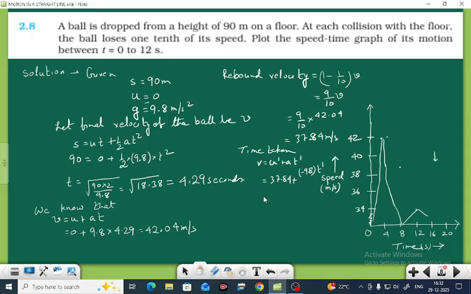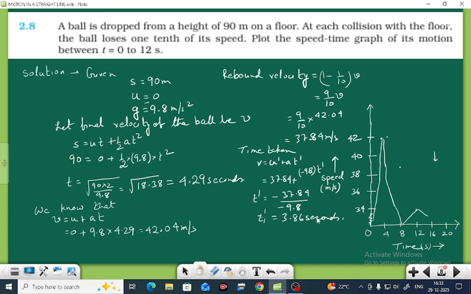So t dash is minus 37.84 divided by minus 9.8, which gives 3.86 seconds.